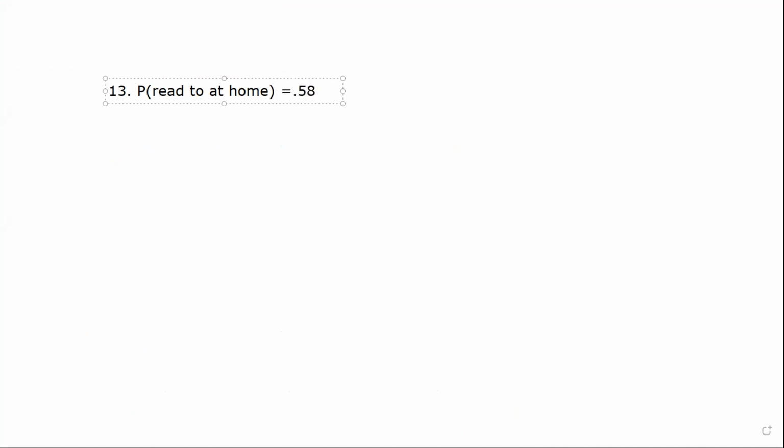And so now we also want the complement of this event, which means that I'm not read to at home, because either I am or I'm not, right? So the probability of not being read to at home is the complement of that event, which is 1 minus 0.58.